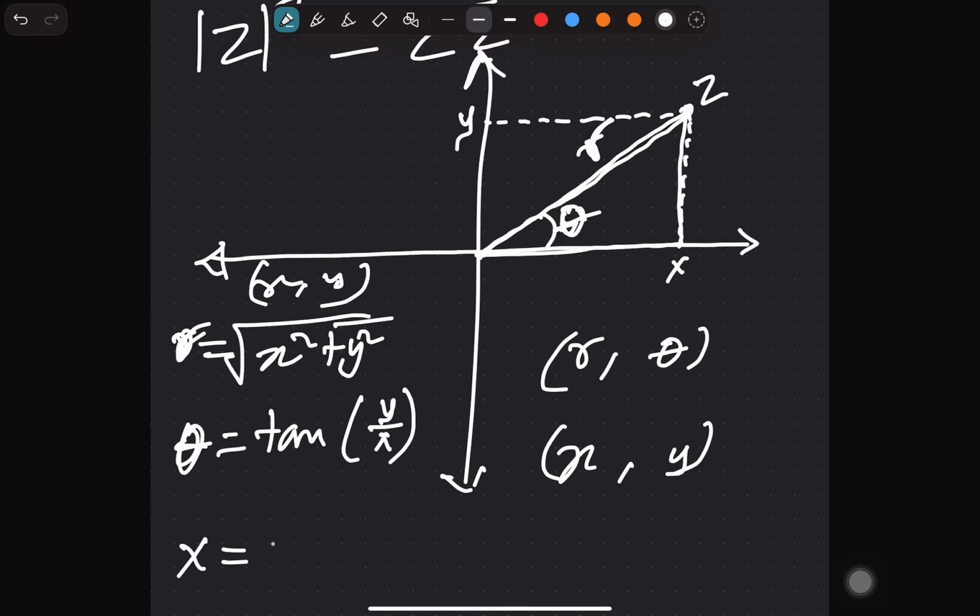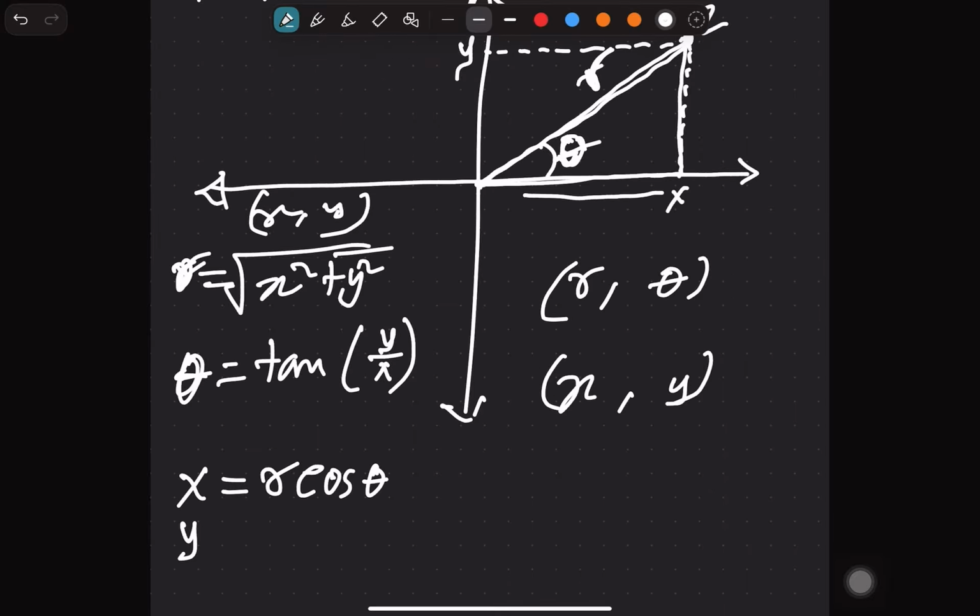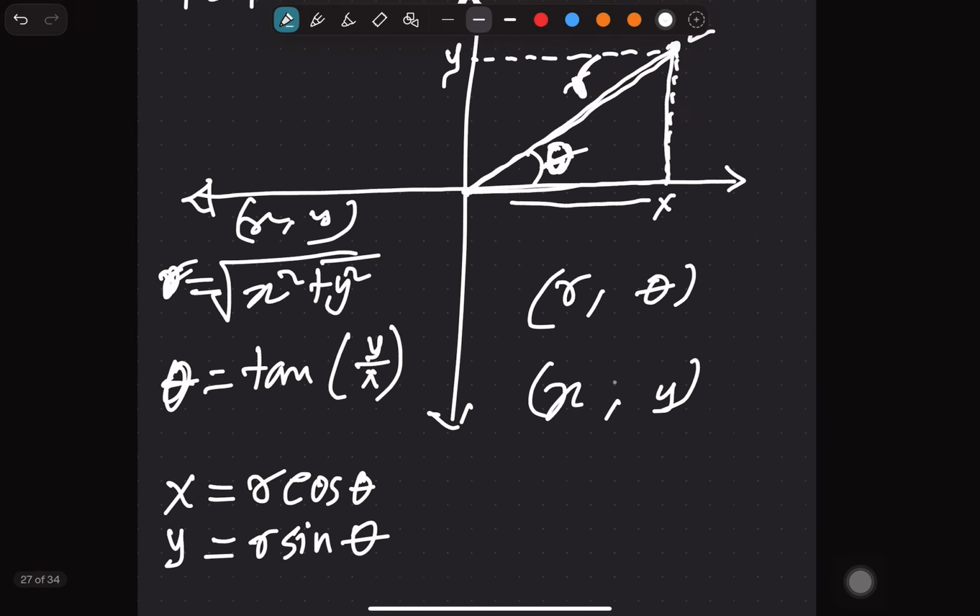So x will be equal to the hypotenuse, here we are using a small r, times what is adjacent to theta. So it's a cosine, cos of theta, and then y, which is opposite the theta, we get from sine of theta.